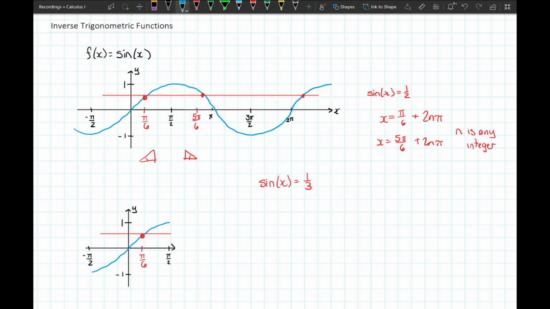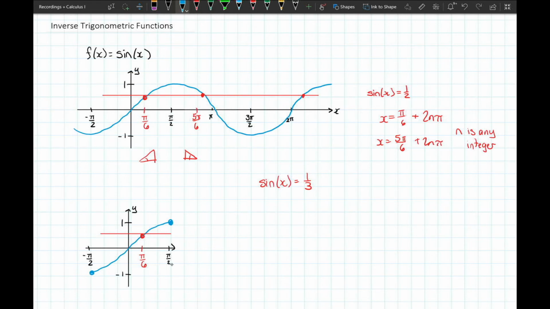Now we have to be a bit destructive here. The only way we're going to make this one-to-one is by getting rid of a lot of the actual graph of sine x. We're going to restrict the domain to one short piece of sine x that will have endpoints, but not the entire function.